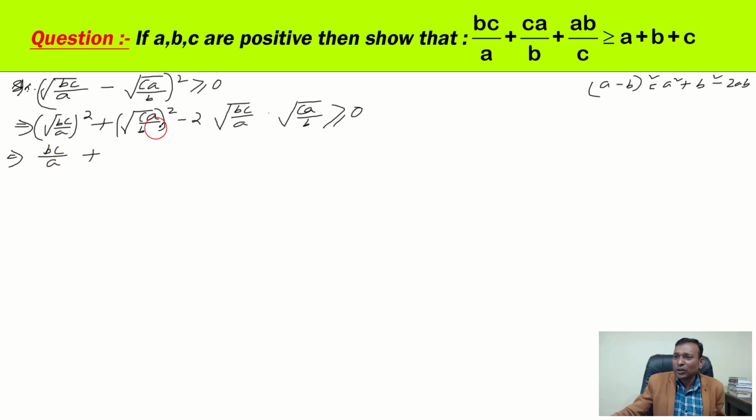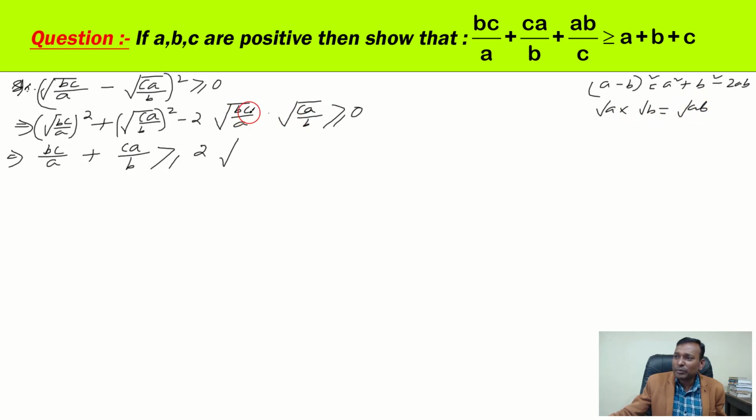On squaring this we get BC by A, on squaring this CA by B, greater than or equal to, this minus 2 will become plus when it moves to the right hand side. Here root A into root B is root over AB.